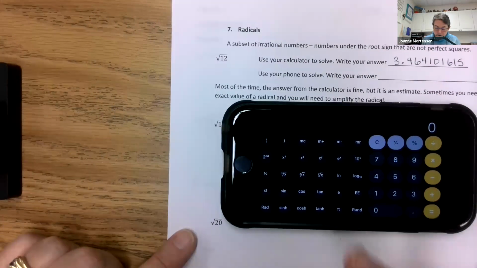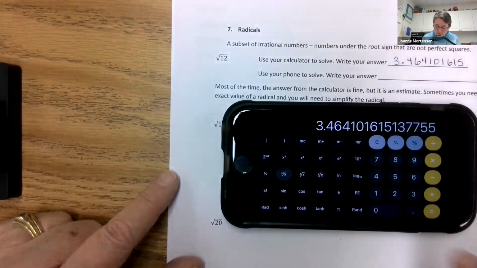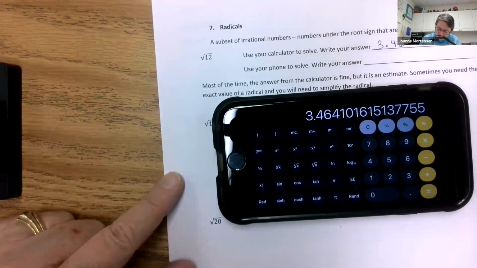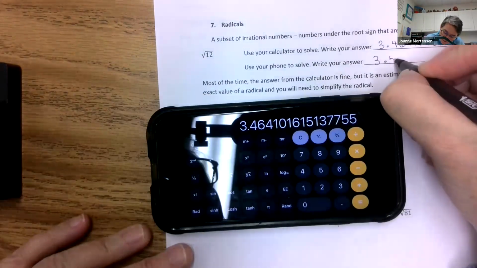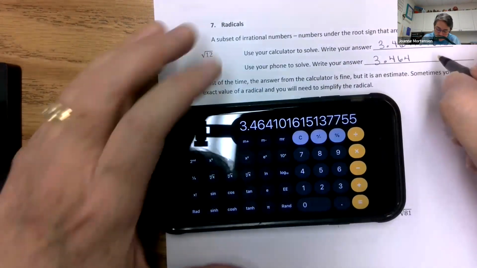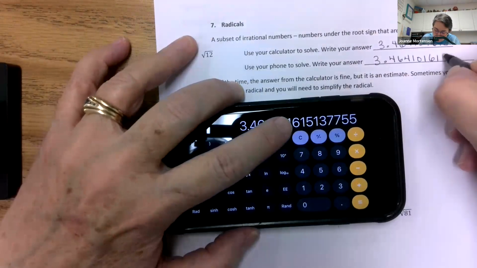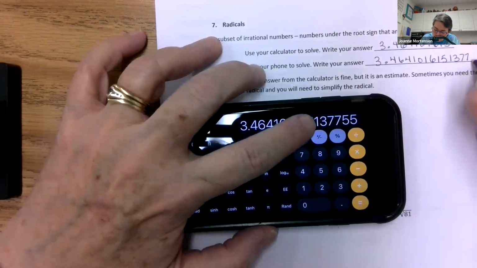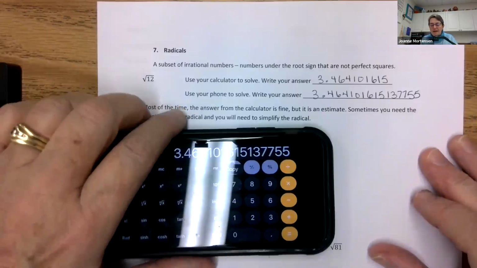It's got the little 2 there. Oh, no, my calculator's backwards, so I've got to go 12 and then square root. See what happens? 3.464101615 13775. Okay, that's just way too many numbers.